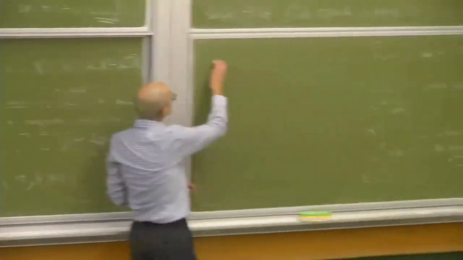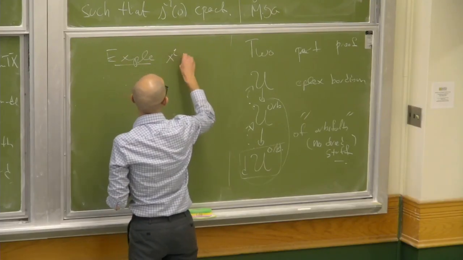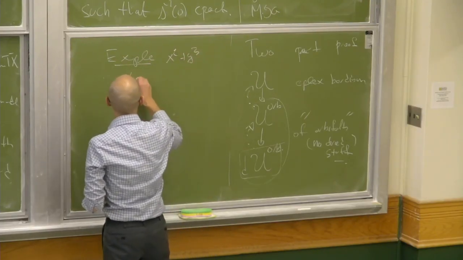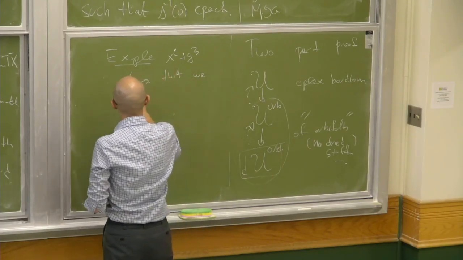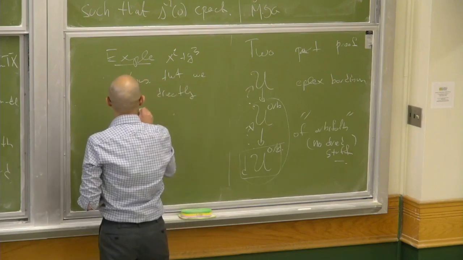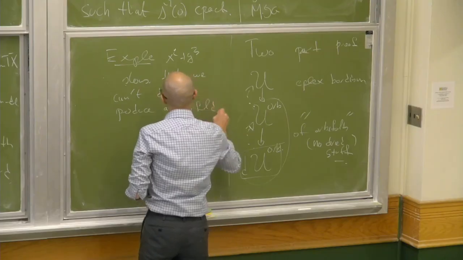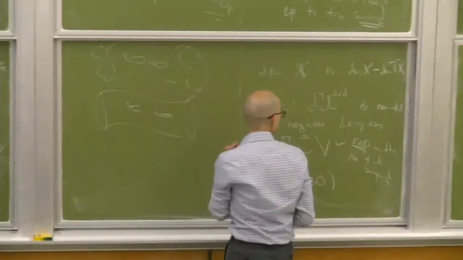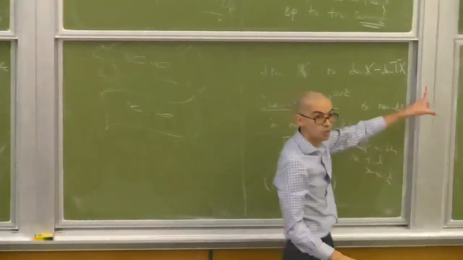But in the proof, the example of x cubed plus y cubed shows that we can't directly produce an orbifold as a zero locus. So what's going to have to happen is we're going to have to use resolution of singularities on the zero locus.